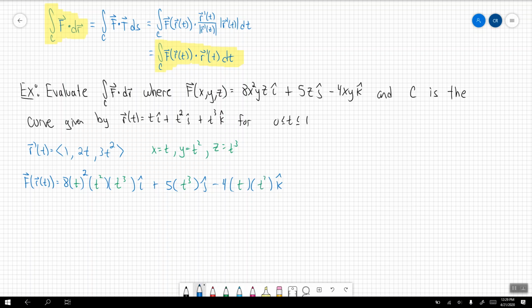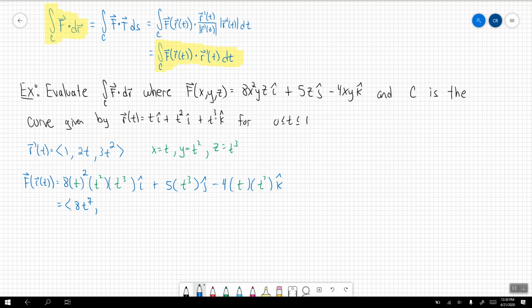Perfect. So let's clean this up a bit. So this is going to be 8 multiplied by, let's see, that's t squared and t cubed, so it's going to be t to the 7th. I actually want to rewrite this differently. I want to take it out of the unit basis vectors and just do it with vector component form. So this is going to be 8t to the 7th. The next one: I see 5 and then z.